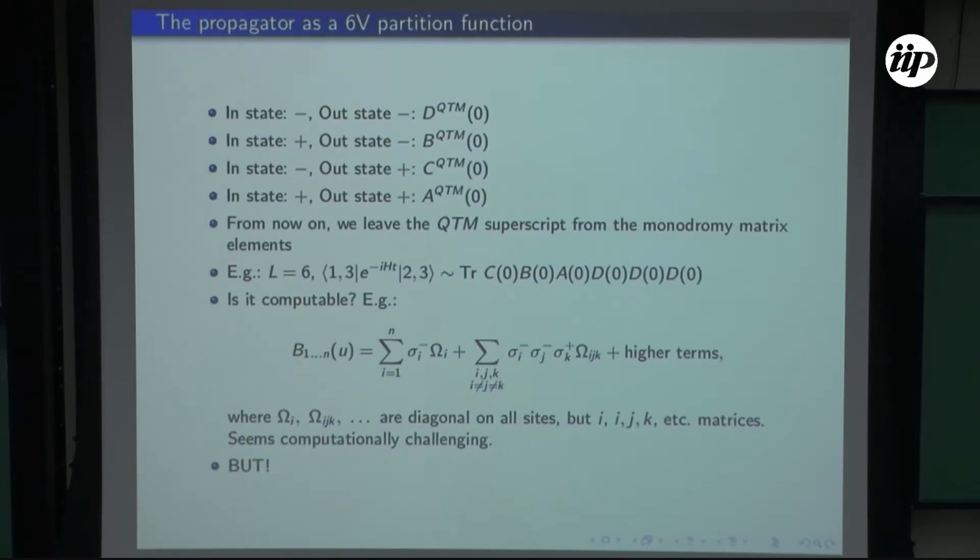As I said here, according to these rules, B creates an operator on the inside, and C annihilates an operator on the outside.